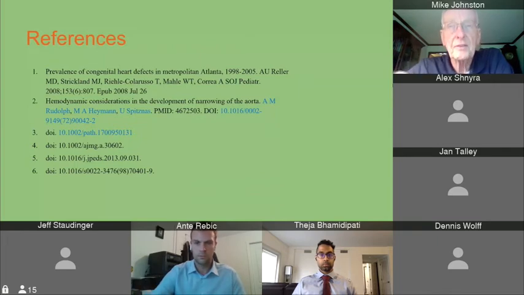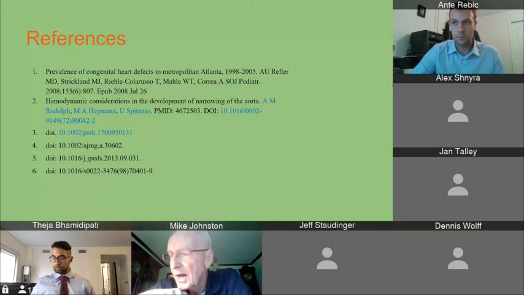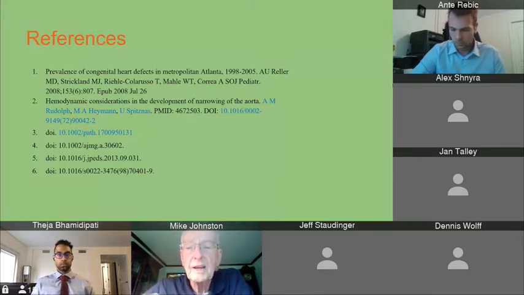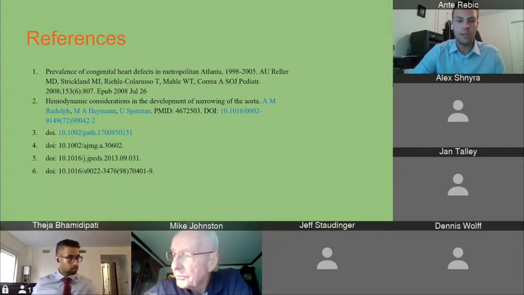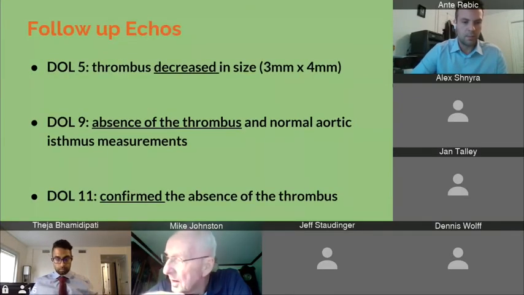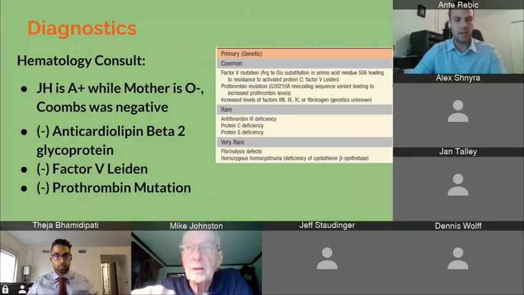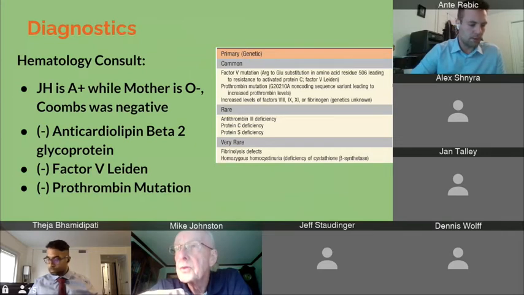It's a complex case, and I will go back because I might have missed a couple of things in your initial presentation. Either one of you can answer the questions for me as I go through my series of questions. You may have said this, but was mother checked for lupus? I believe the tests performed, let me scroll back here, for anticardiolipin were performed both on mom and the infant.